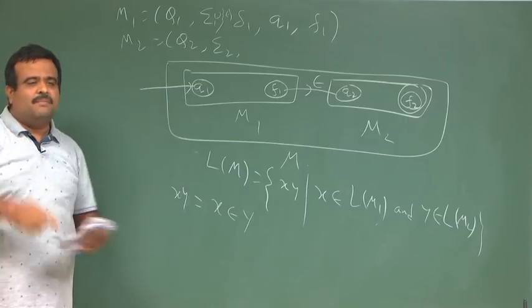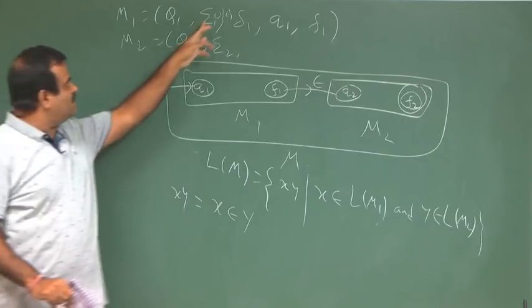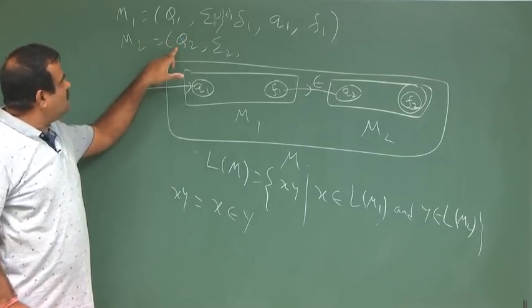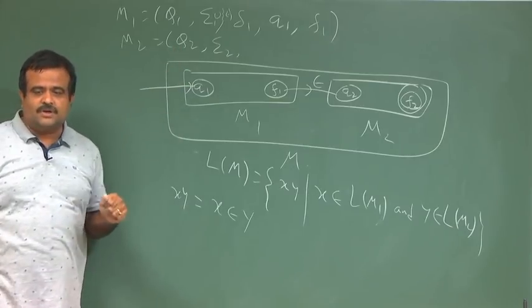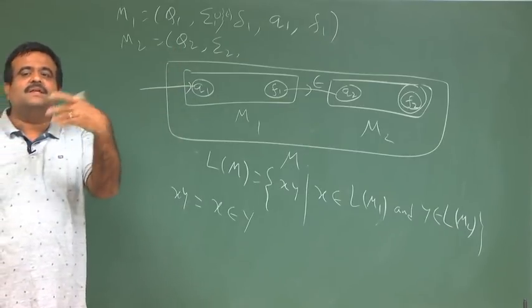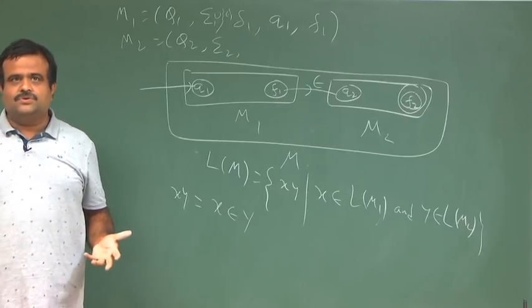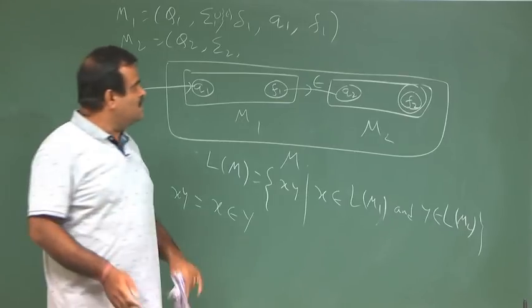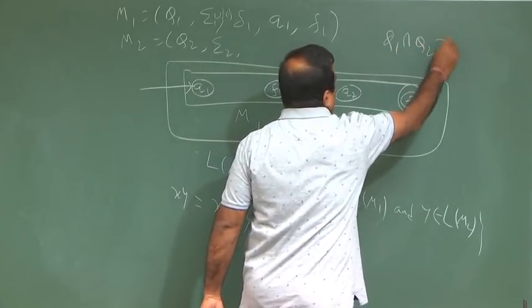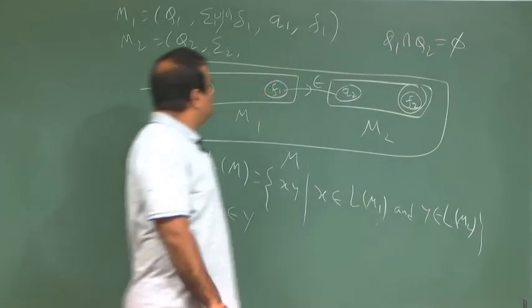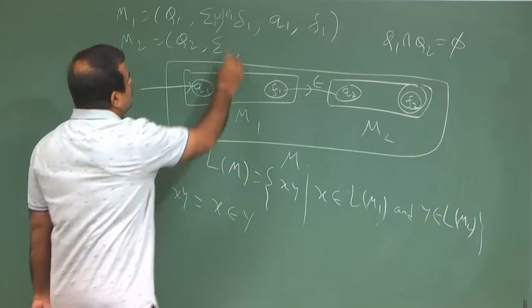But for the generalized case we are taking them as different, and Q1 and Q2 we are taking as disjoint, as in case one also, because if there is some common state we can easily rename. So, we can always assume that Q1 and Q2 are disjoint, by renaming of the states.